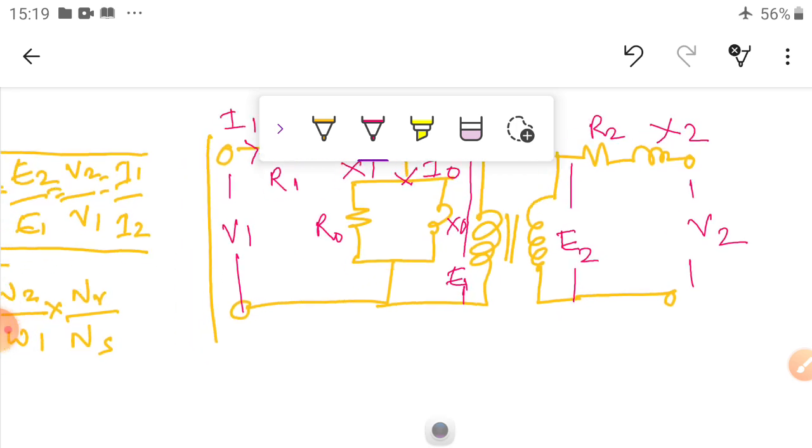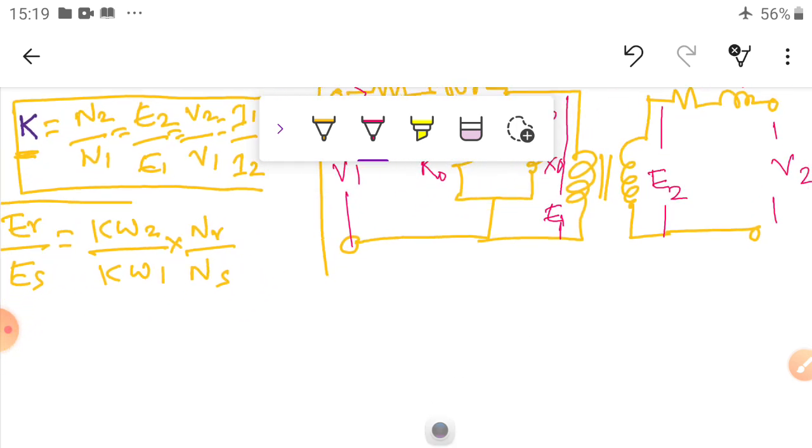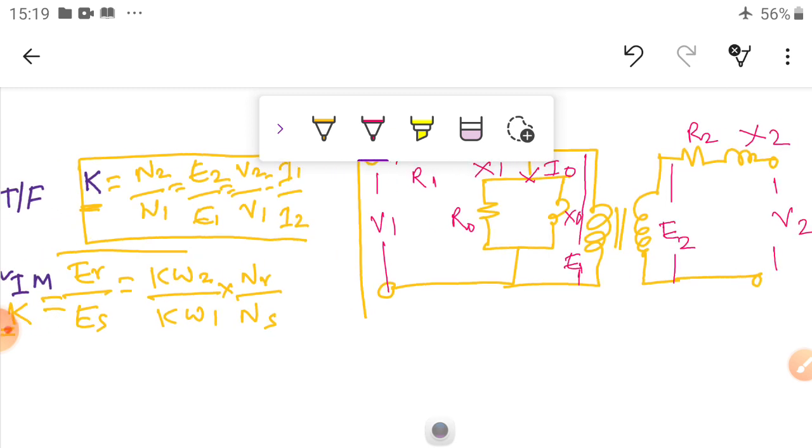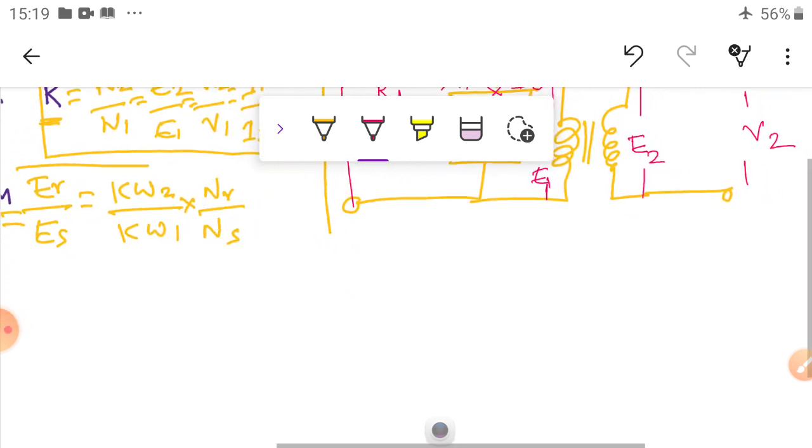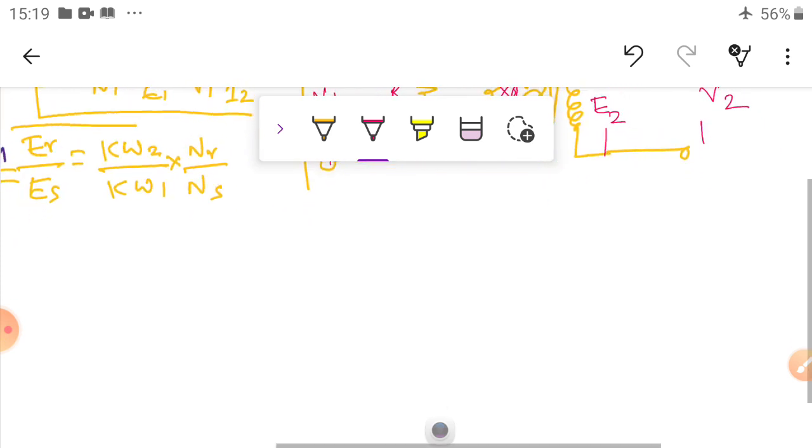Similarly, we are going to draw this diagram for our induction motor. The induction motor diagram we can write in a similar way, so we can change the color.